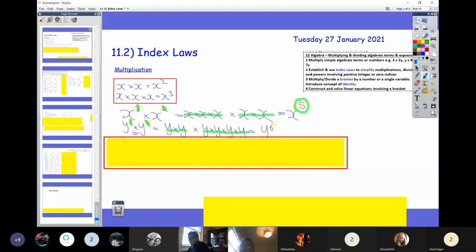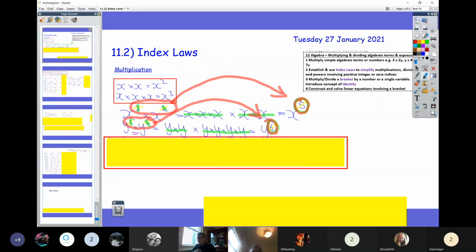So we're trying to find a shortcut for how we can get from the 3 and the 2 powers for the x to the answer being to the power of 5, and also, when it's the power of 2 and 4, a shortcut way to see how we get the 6. Now, as you can see, you just add the numbers together.